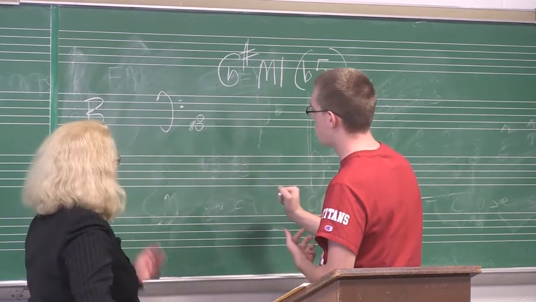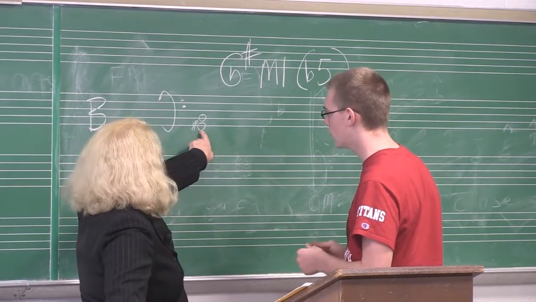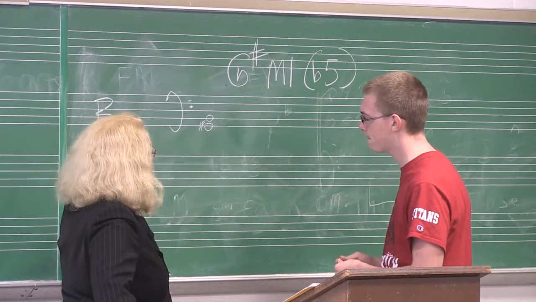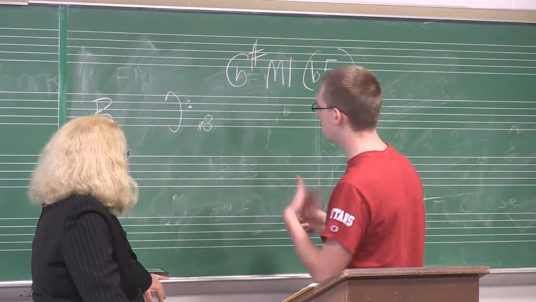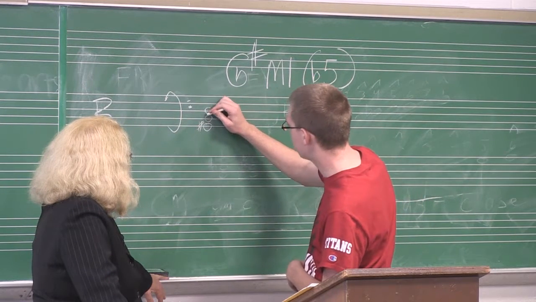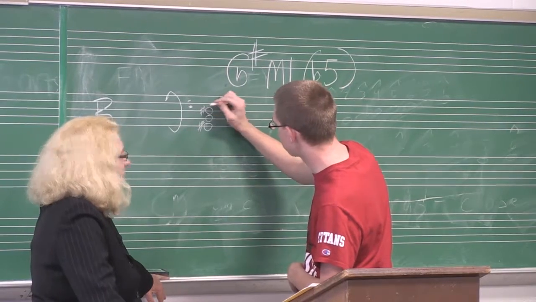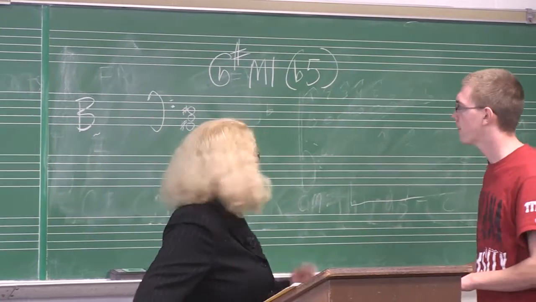And then that's your third. So you've got root, third, and from G sharp to B is, of course, a minor third. Now you need to put your fifth. G sharp, right. Okay, so that's G sharp minor, but that's not all of the symbol we're given.